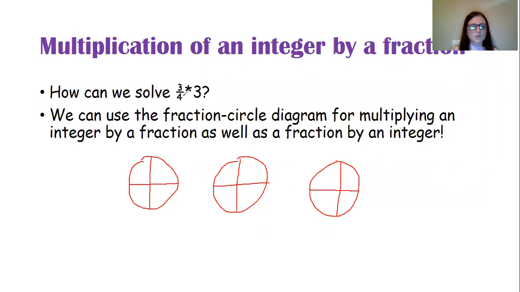So to solve this problem, we would multiply our numerator by our whole number, which would be 9. 3 times 3 is 9.